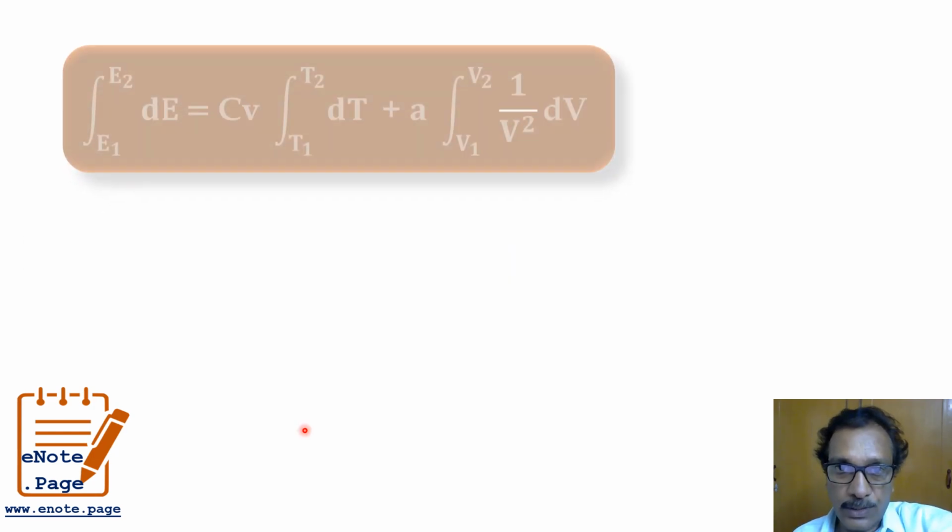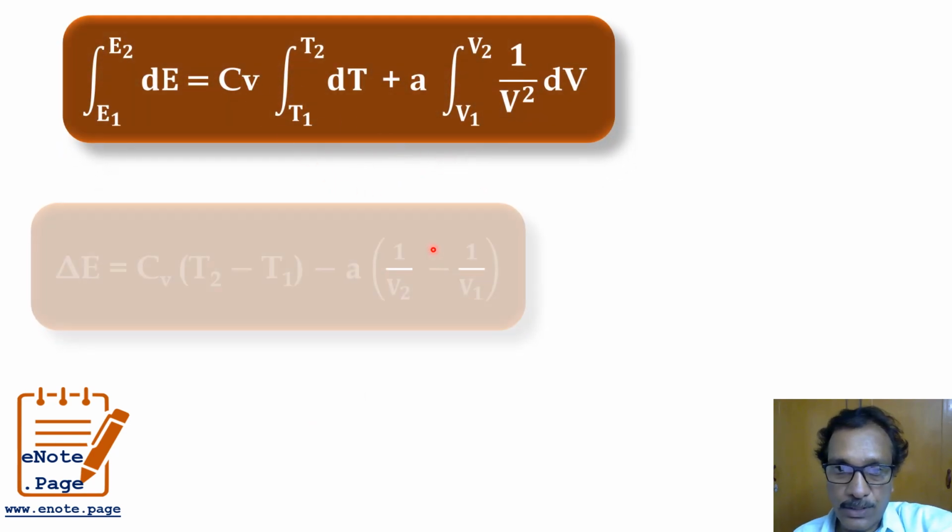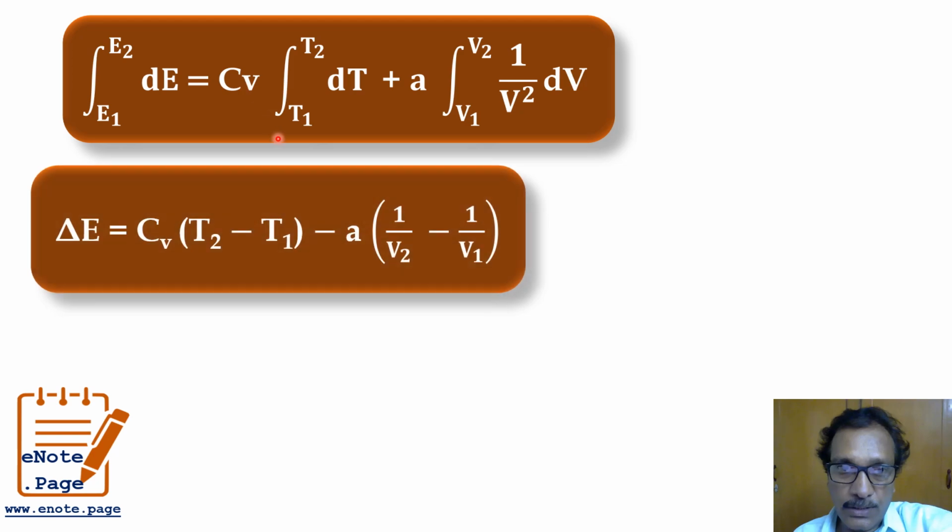Now let us find the solution. The solution for this equation is delta E equal to CV into (T2 minus T1), and the integral of 1 by V square becomes minus 1 by V, so this plus sign becomes minus: minus a into (1 by V2 minus 1 by V1).